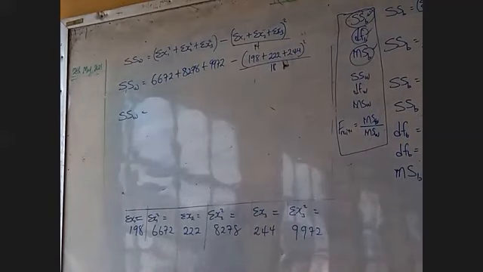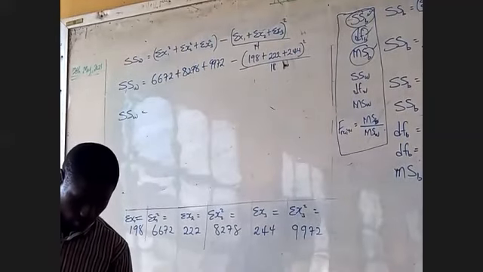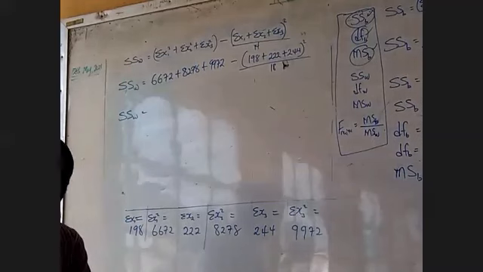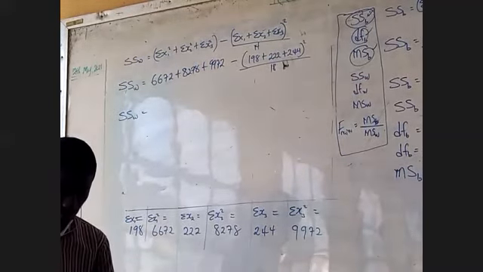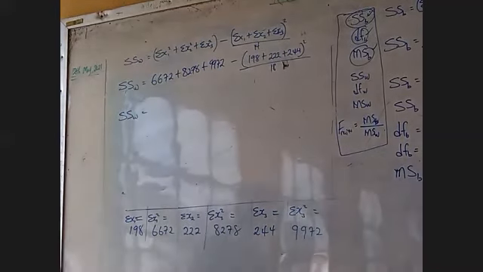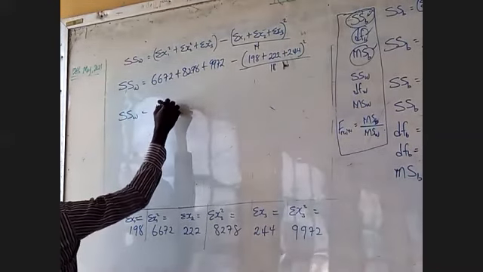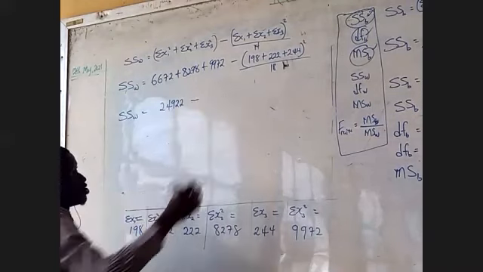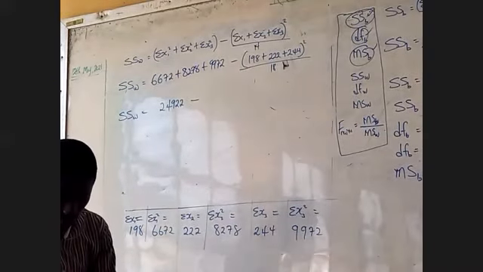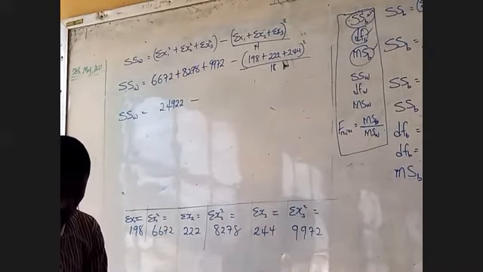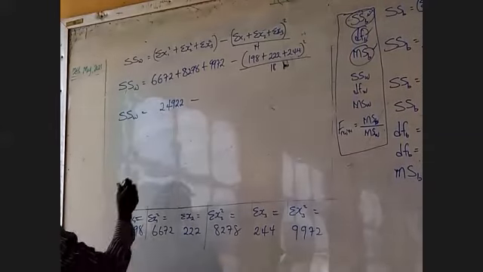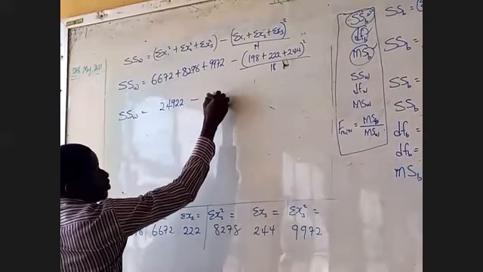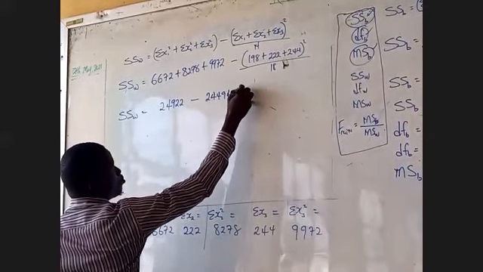Okay. So our SSW, please let's add this together. 6672 plus 8278 plus 9972, that's 24922, right? Minus, solve that also. Okay, 24494.222.